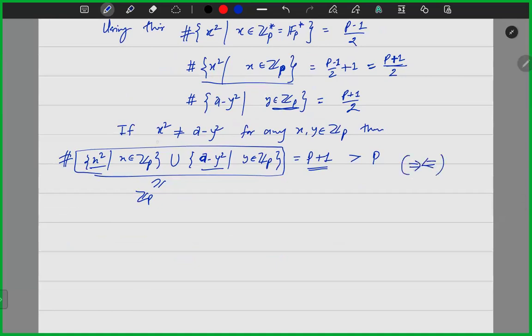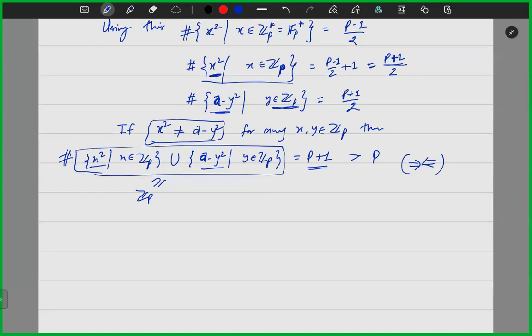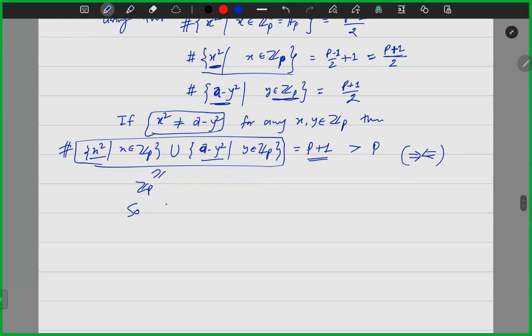So there should be some x square from the first set and some a minus y square for some y, they should match. Okay, so there is some element in the intersection, in the common.